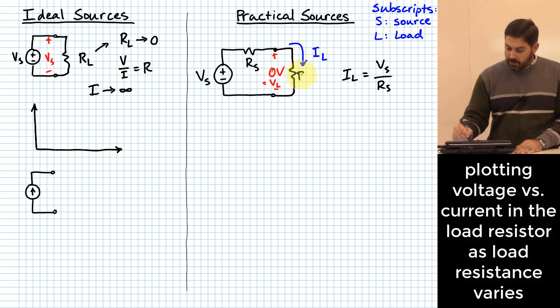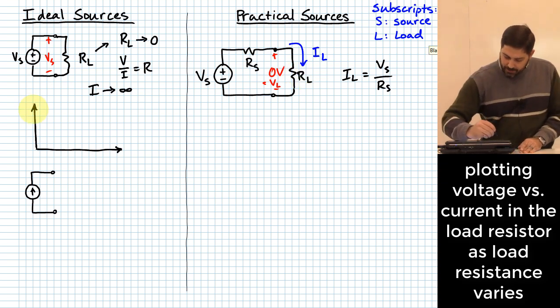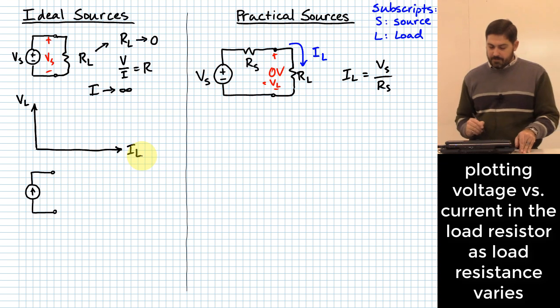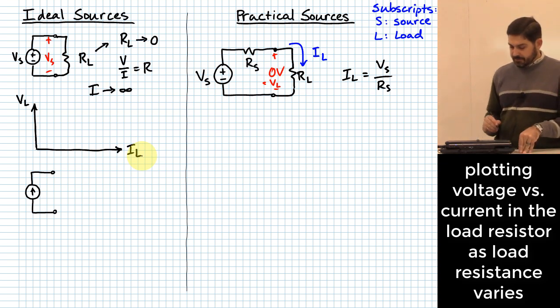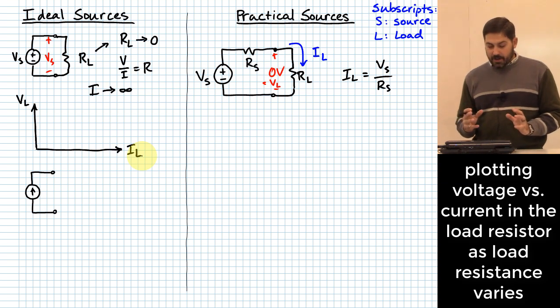Okay, and I'll call that RL. If I call that RL, what happens with this VL versus IL relationship if I was to plot that? And then I'm plotting it as RL changes value.